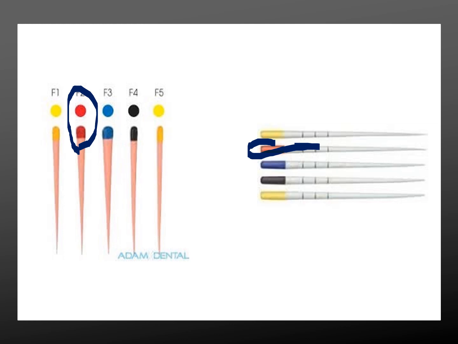Then you select the corresponding GP, coat it with sealer and place it. If you use F2 and then choose an F3 GP, it will be short, or if you use F1 ProTaper, it might go beyond the apex, or it won't fit properly, the snug fit won't be there. Always take the GP corresponding to the last file you used, and then obturate.